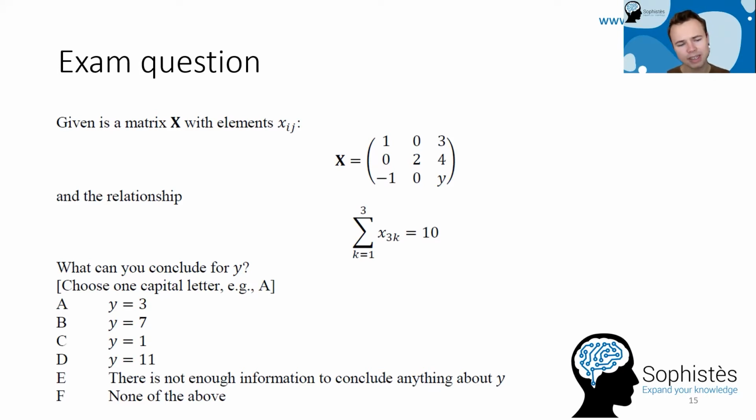And there they first intended to also do multiple choice, but in the last week they changed it and decided to make it an open exam. So now I'm not sure anymore. But this is one of the multiple choice exam questions. So if you know the answer, you can just type it in the chat.